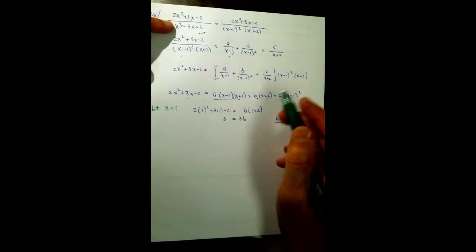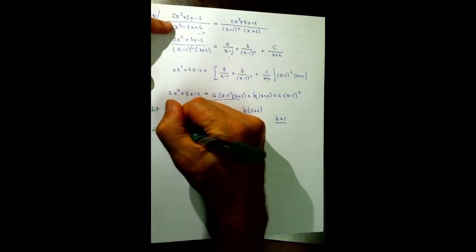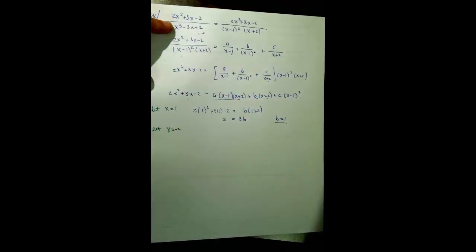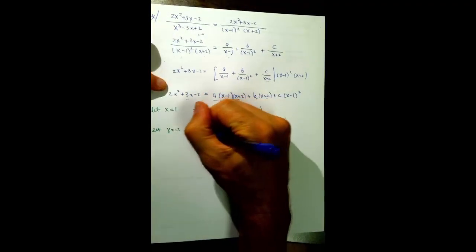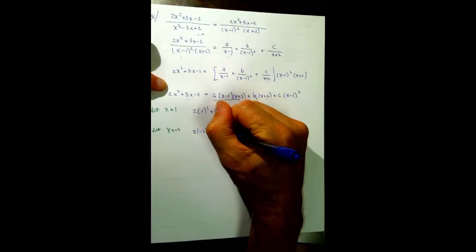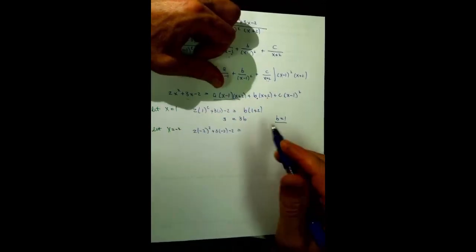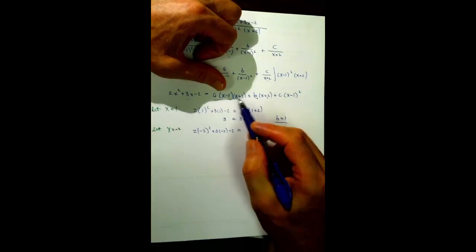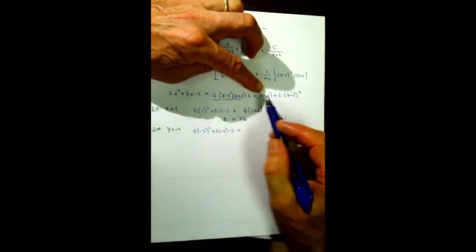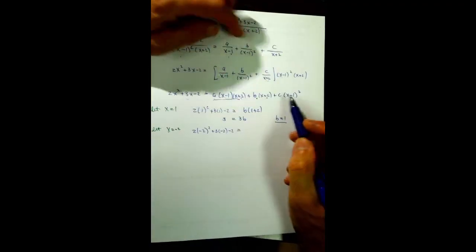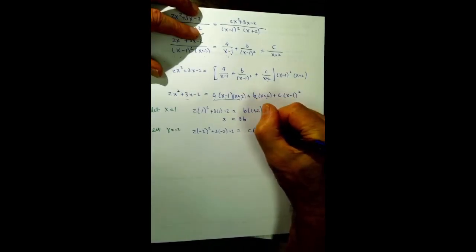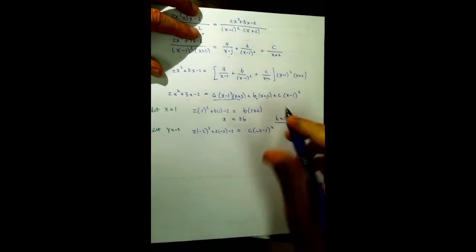Let's get rid of the b now by letting x equal −2. If I do that, I'll get 2 times (−2)² plus 3 times (−2) on the left. If I let x equal −2, the a term will go away. The b term will be 0. I'm left with c times (−2 − 1)².